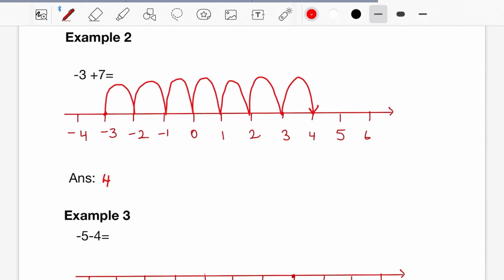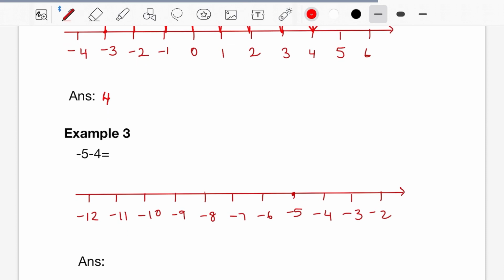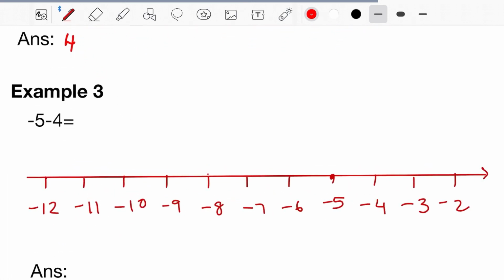Example 3. We have -5 minus 4. So again, we start at the number on the left, which is -5. So we are considering the sign with the number. We're starting at -5. This sign in the middle here tells us what direction to move in. So we have a negative sign.